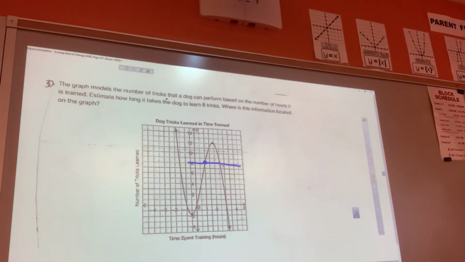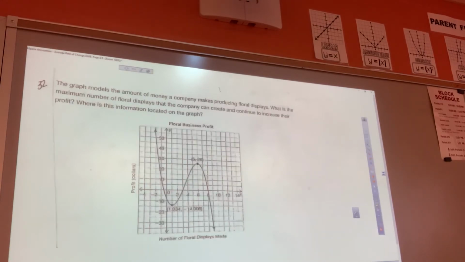At maybe 2.5 hours? So how long would we say it would take him to learn 8 tricks? 1 hour? Do we need to do anything with this? Just wants us to locate this information on the graph.